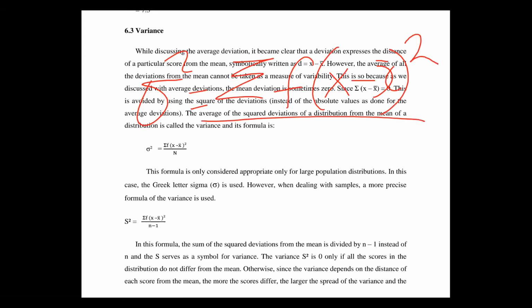For the sample size, you can say n minus 1, because n is for the population, but most times we use the sample. So it's better you leave it as n minus 1. That is the formula for the variance.